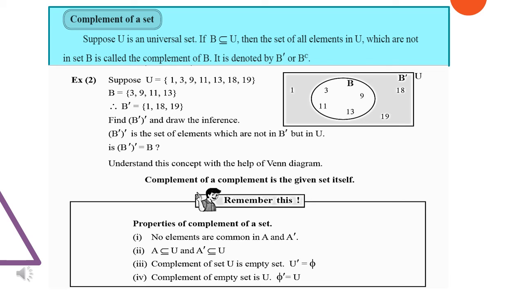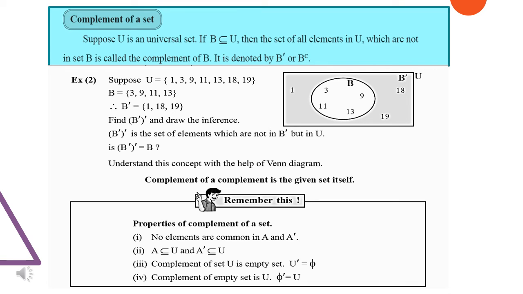So complement of B complement is nothing but the universal set itself. So here using the Venn diagram, you can understand the concept of the complement of a given set.